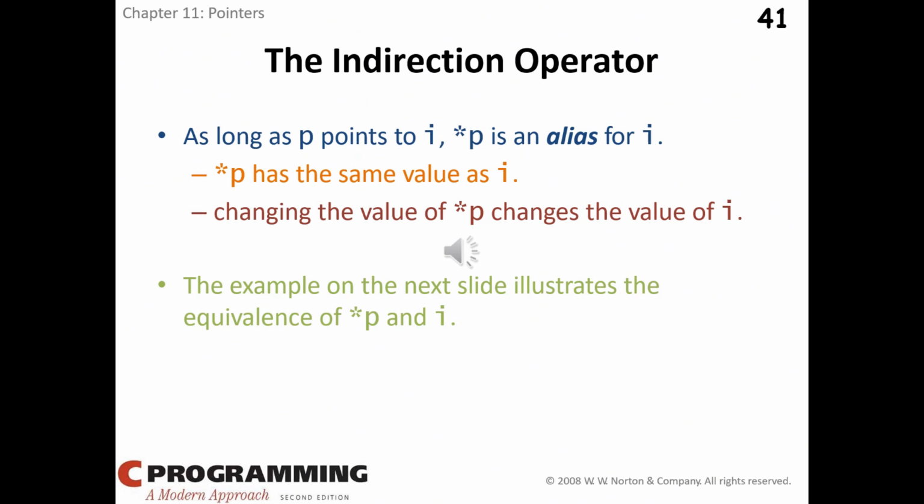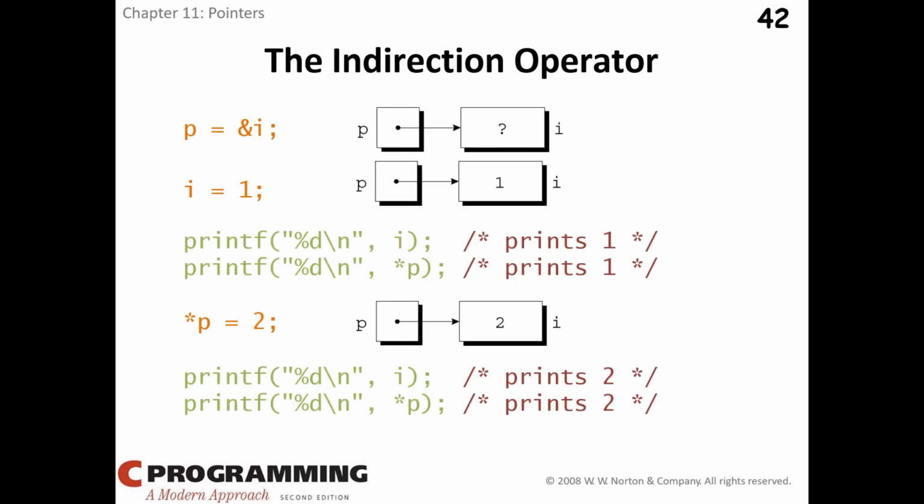So for instance, if p points to an integer variable I, then *p represents the value of I. This means that *p and I are interchangeable and they hold the same value, and changes made to one will reflect on the other. Here in this slide, this shows the interaction and the interchangeability between p and I.